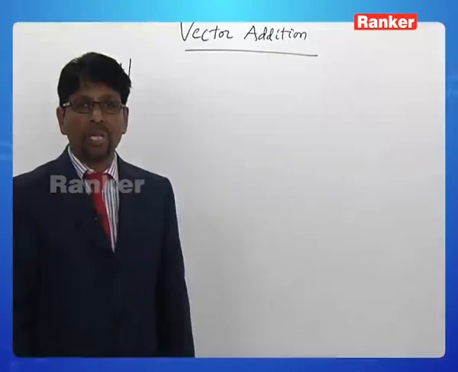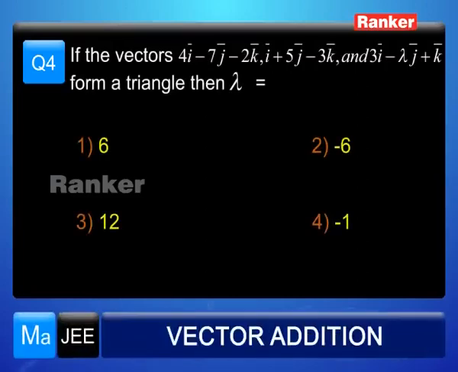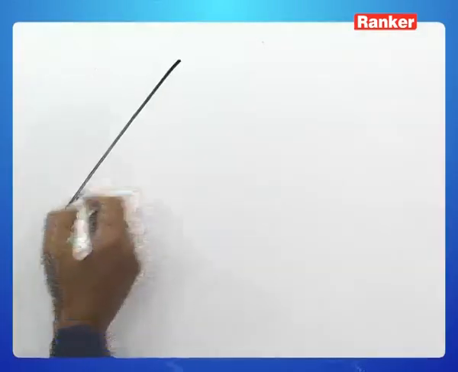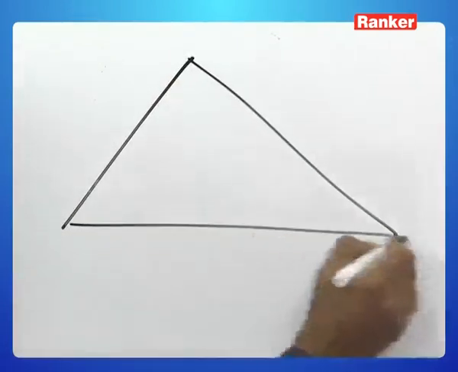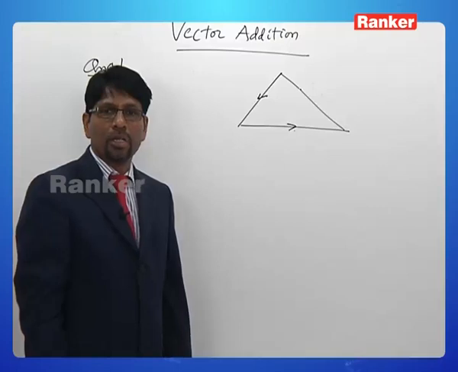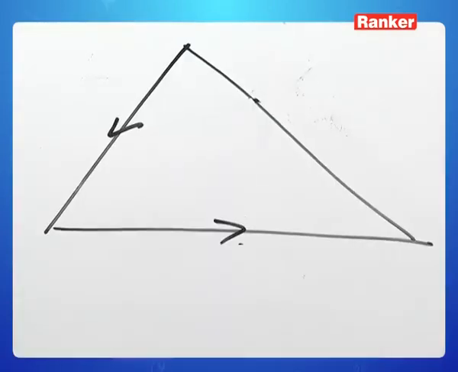If the vectors 4i minus j minus 2k, I plus 5j minus 3k and 3i minus lambda j plus k form a triangle, then lambda is equal to: first option 6, second option minus 6, third option 12, and fourth option minus 1. If the three vectors form a triangle, now three vectors can be forming a triangle if sum of any two vectors is equal to the third vector.